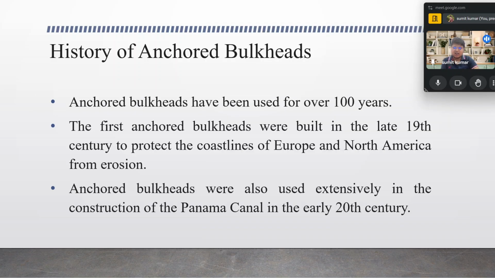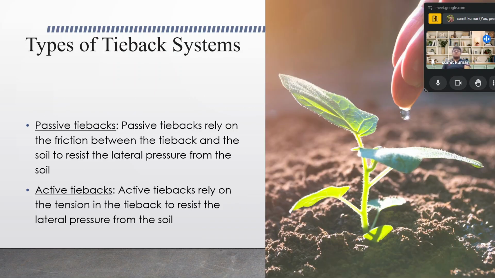Okay. Now we talk about the types of tieback system. We have studied that tieback systems are used for the cantilever bulkhead, so some types of tieback system must be associated with it. The passive and active tieback systems will be there.